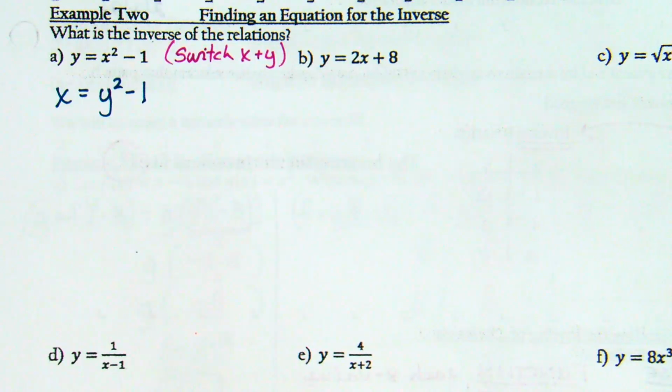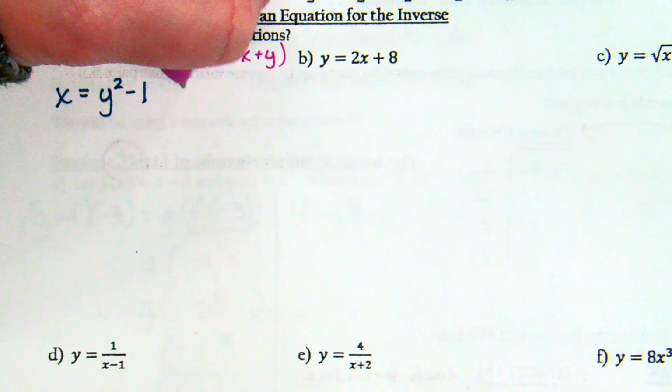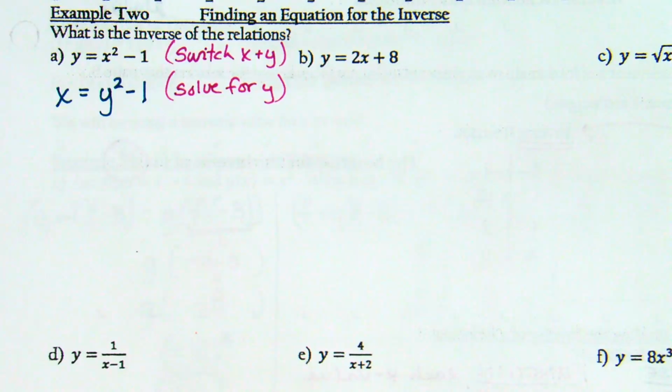If you go back to the steps on the front, it said we're going to switch x and y, and then we're going to solve for y. Like any other equation, before we work with it, we want it to be y equals.